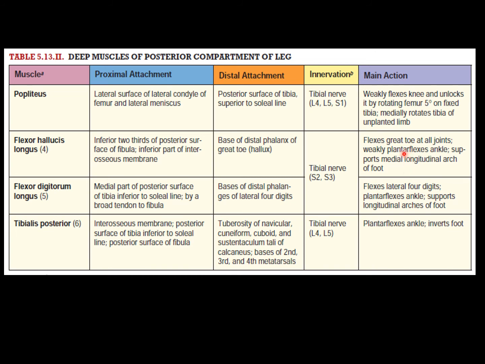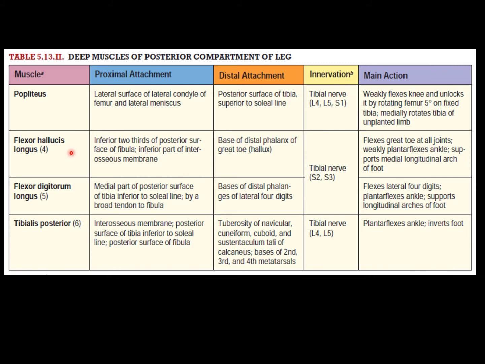So it has the action of plantar flexion at the ankle, and flexion of the great toe is the main function of flexor hallucis longus. Another point which we want to discuss here is that if we take the combined action of plantar flexion at the ankle joint, almost 90 to 93% of the plantar flexion is done by gastrocnemius and soleus.